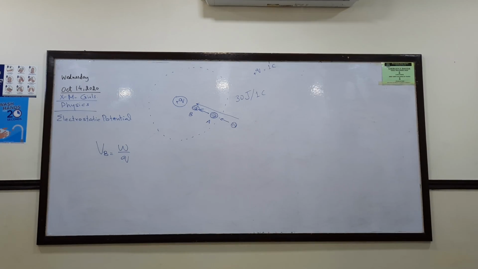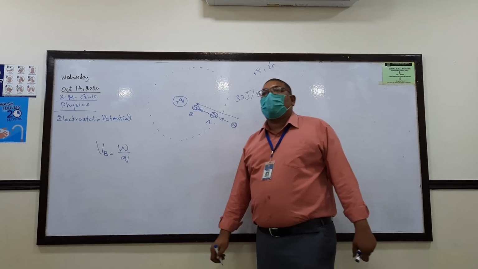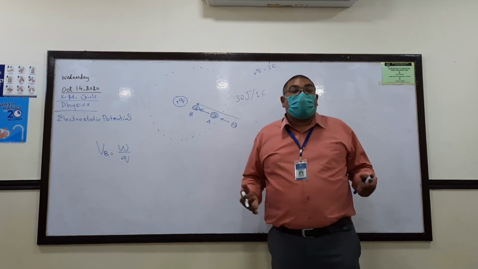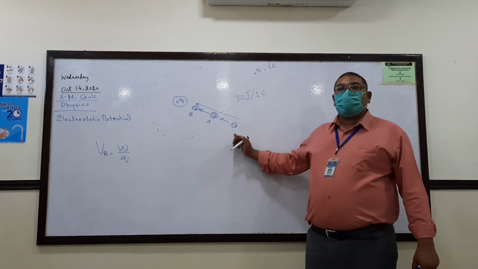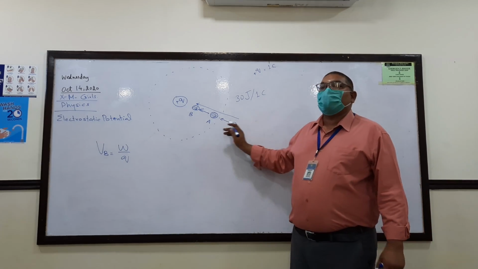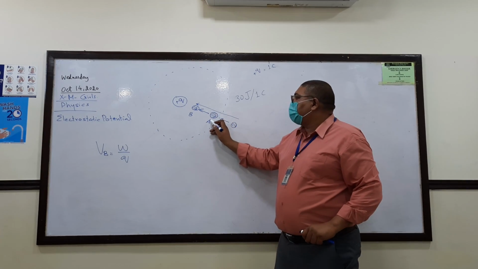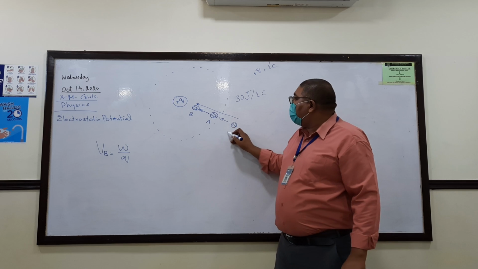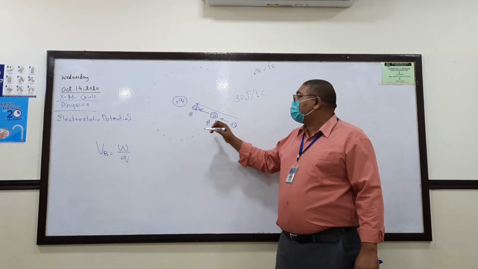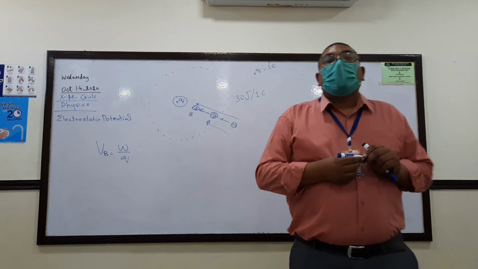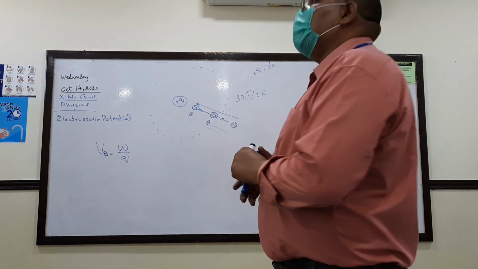For example, if somebody asks you how much is the potential at the point A? From infinite distance, you took a unit charge and you applied energy on it. You did work on it and you pushed it, and it entered this electric field and reached the point A. So how much work you did by moving the unit positive charge from infinite distance into the electric field, that work is called the voltage at that point.